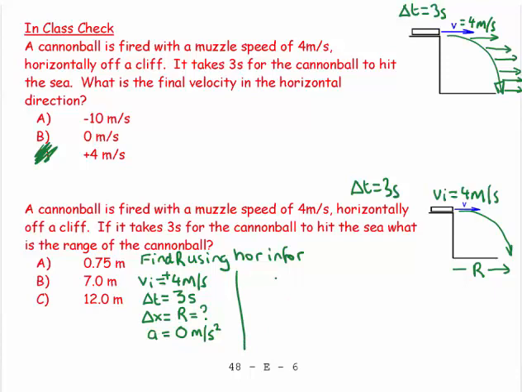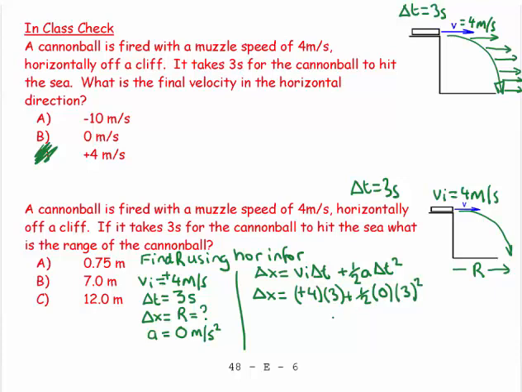So we say, what links these things? Delta x equals VI delta t plus 1/2 a delta t squared. So delta x is equal to plus 4 times 3 plus 1/2 0 times 3 squared.